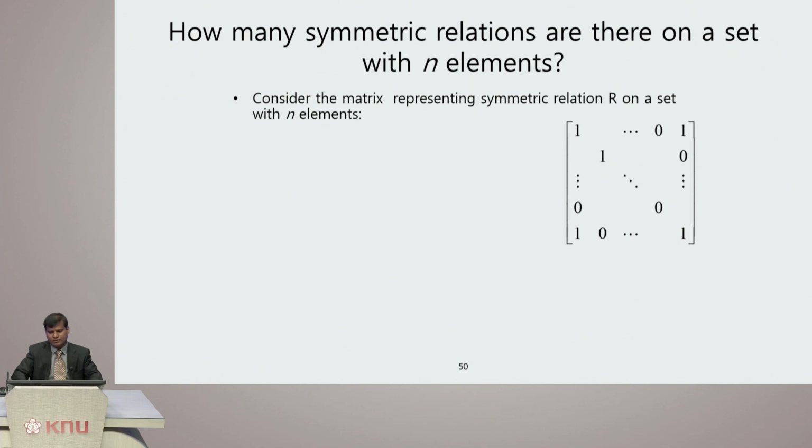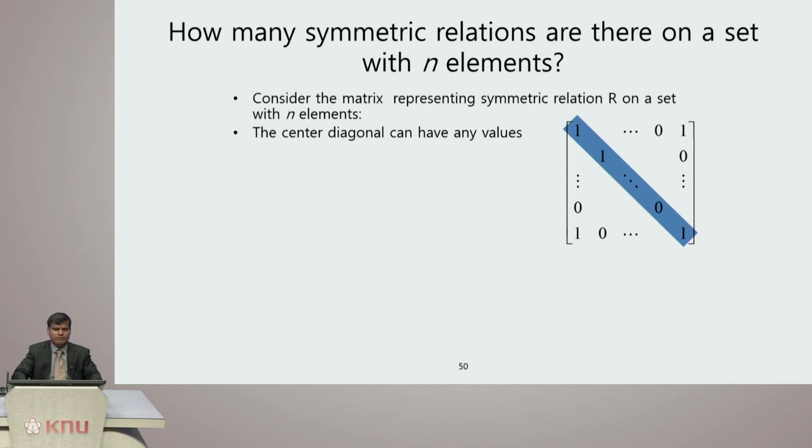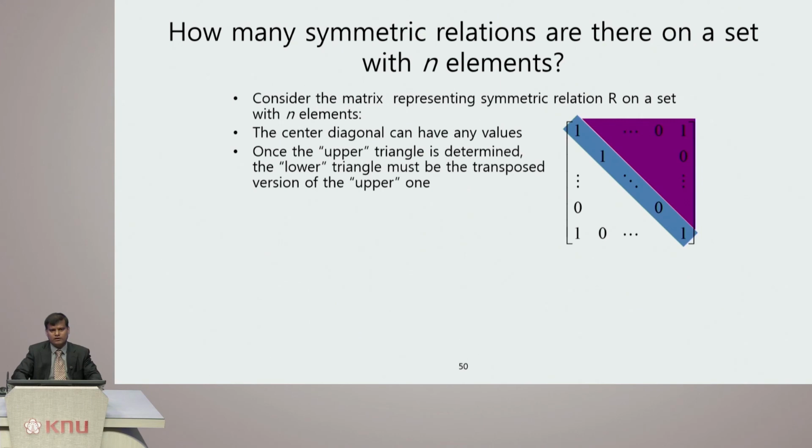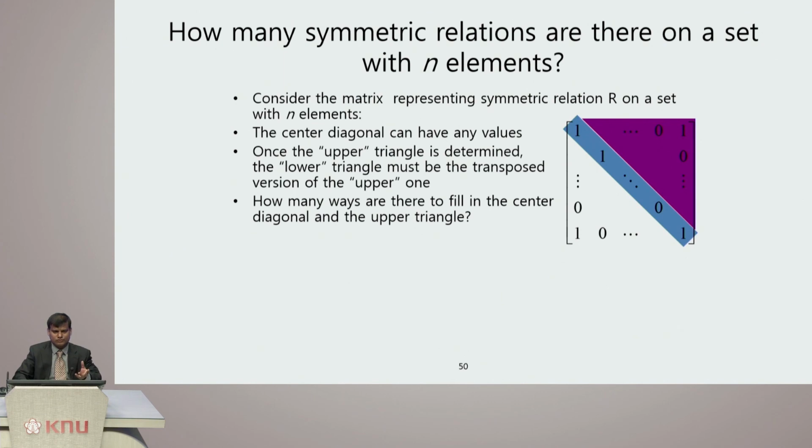It is given in the form of a matrix. We don't know how many columns and rows. The center diagonal can have any values, so it can have 0 or 1. And then the upper triangle is determined. Once the upper triangle is determined, the lower triangle must be the transpose, just the opposite of the upper triangle. It has the transposed values.